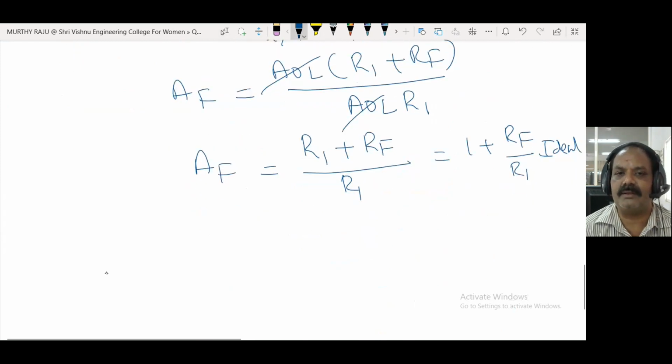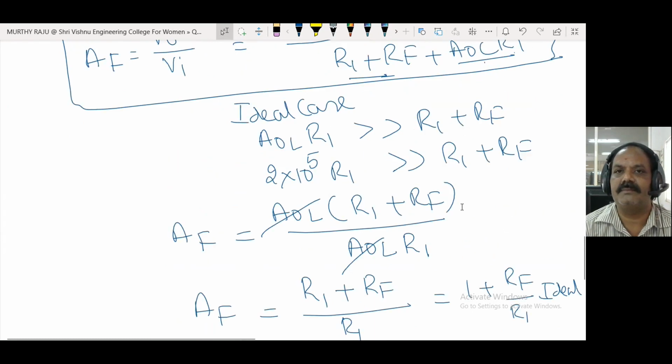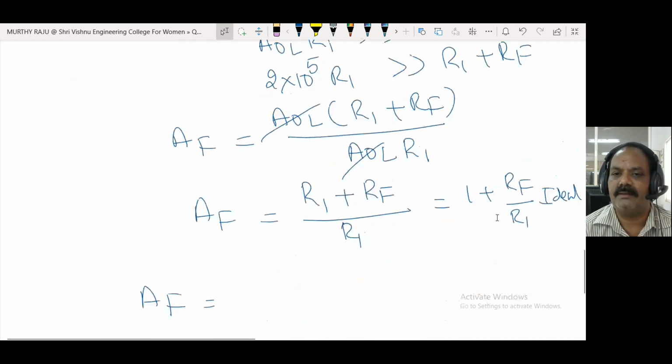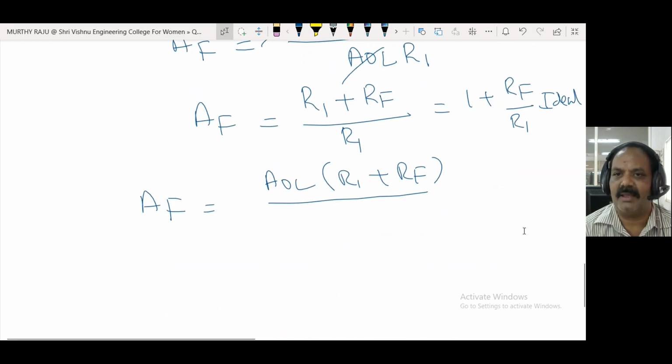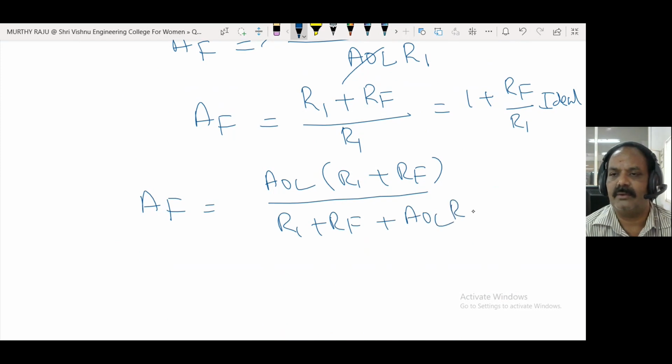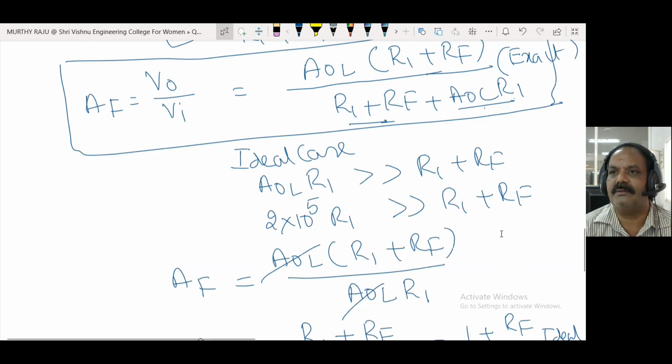AF is equal to, taking the exact formula, AOL into (R1 plus RF) by (R1 plus RF plus AOL into R1).